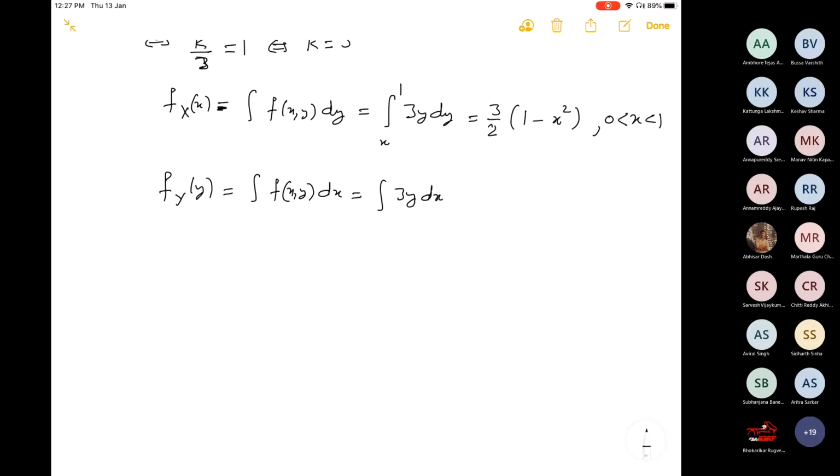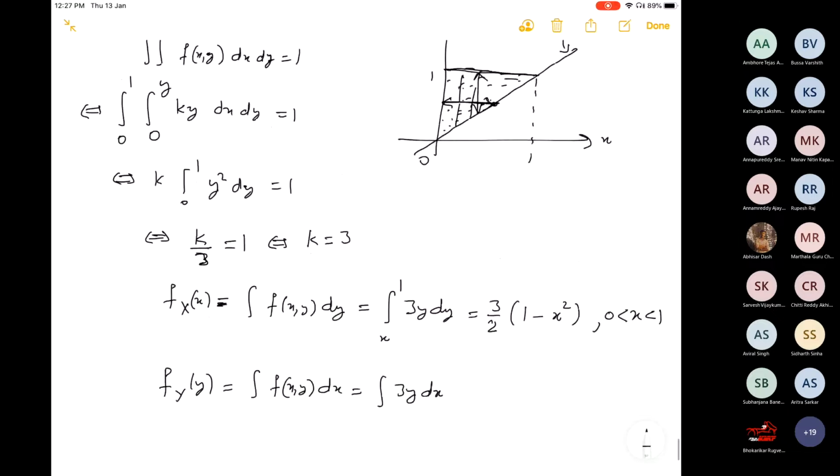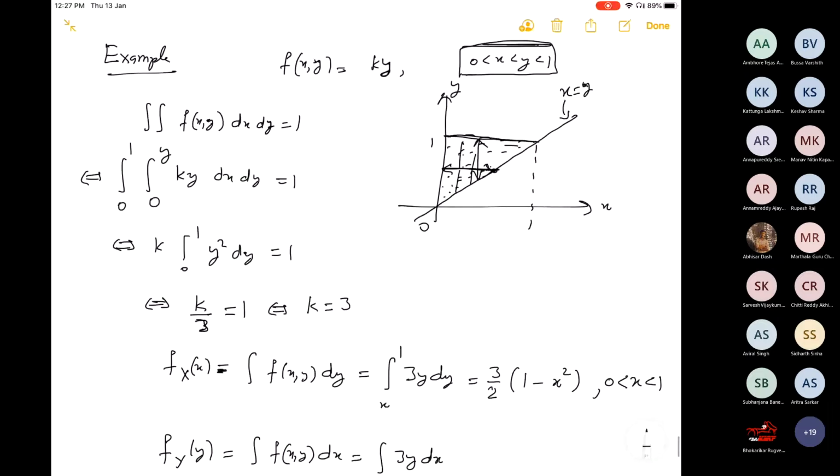Okay, so this is 3y dx. So now x is varying from this point to this, that means 0 to y.